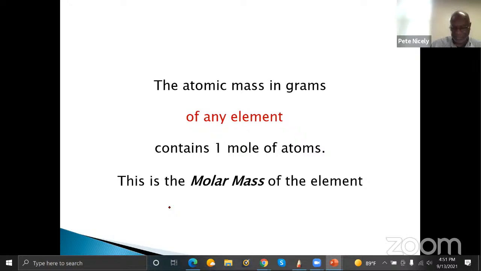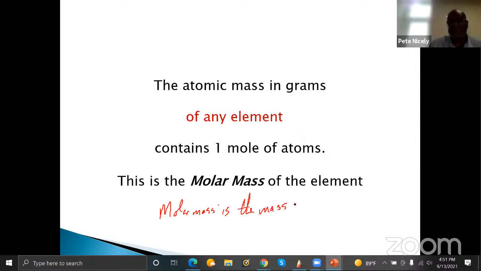Okay, so by definition, the molar mass is the mass of 1 mole of a substance.